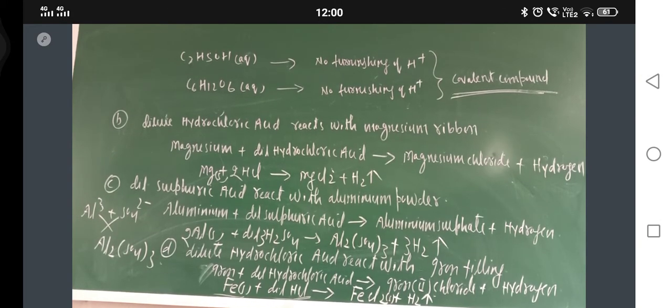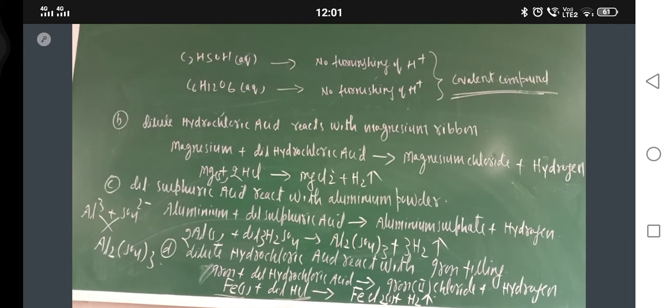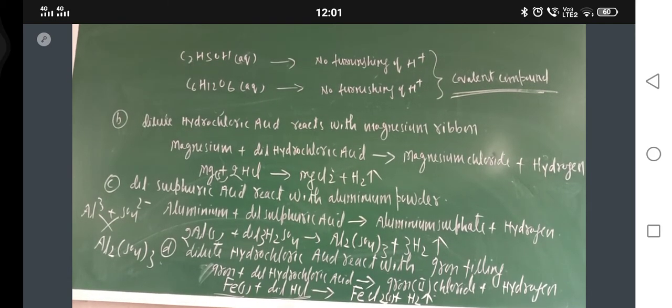The role of water I told you when I was explaining. When water is not there, then acid will not furnish H positive ion. Water helps in the dissociation of an acid to give hydronium ion. In the absence of water, these ions are not produced. Hence, acids show acidic behavior only in the presence of water. If water is not there, acid will not furnish H positive ion or hydronium ion. I have explained this one, but if you want, I can explain again.